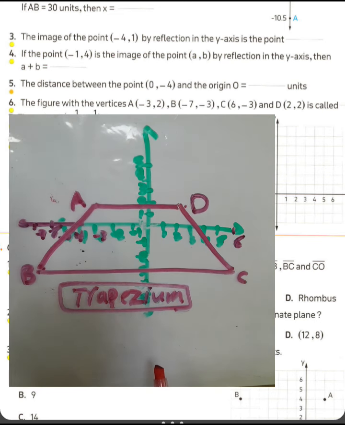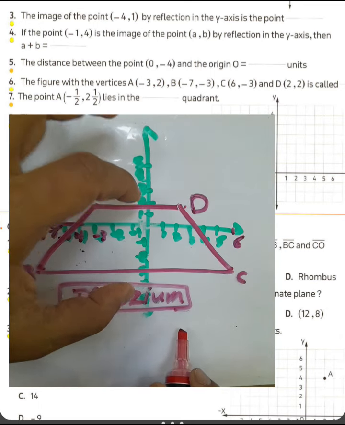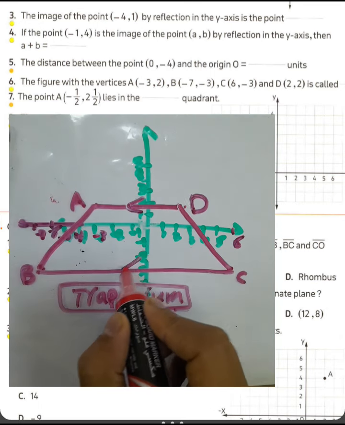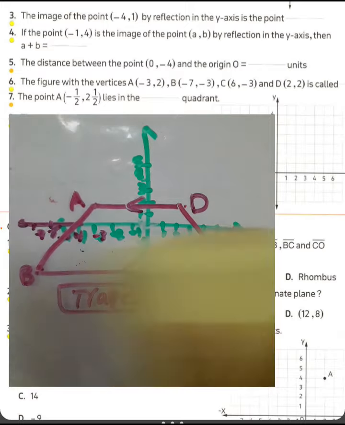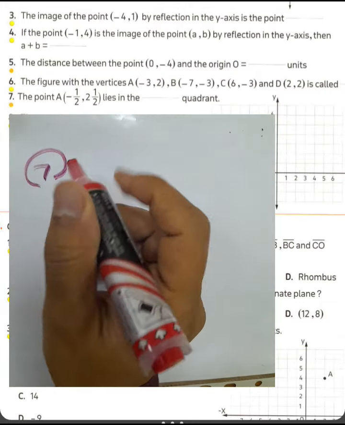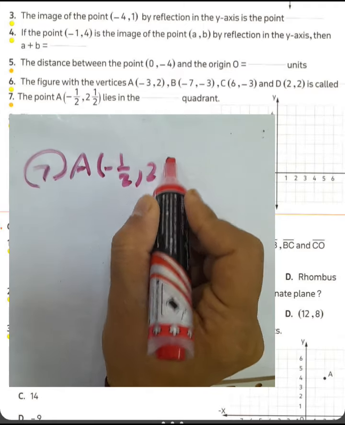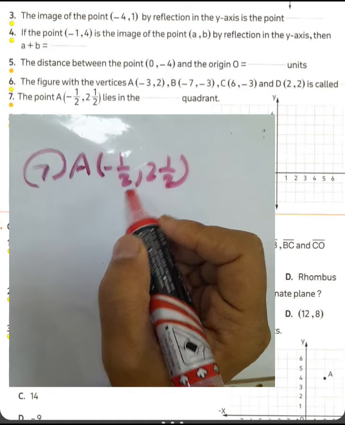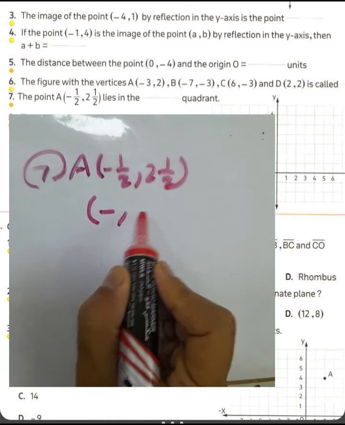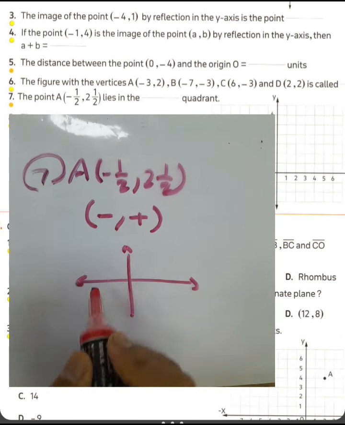This figure we call a trapezium because we have only one pair of parallel sides. The point negative half and 2 and half lies in which quadrant? We have the signs here, negative and positive. Negative and positive lies in the second quadrant.